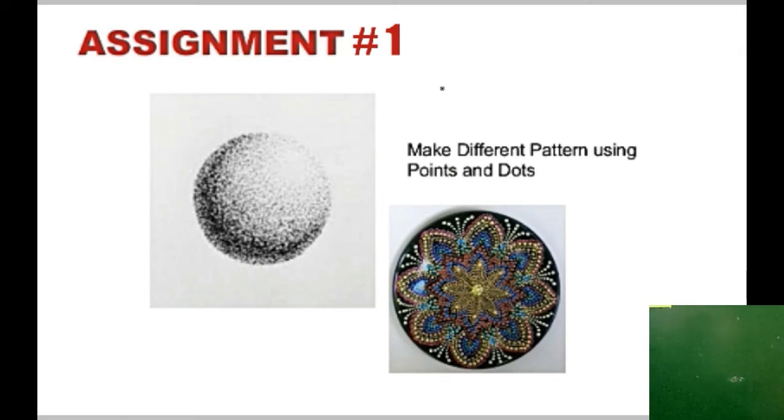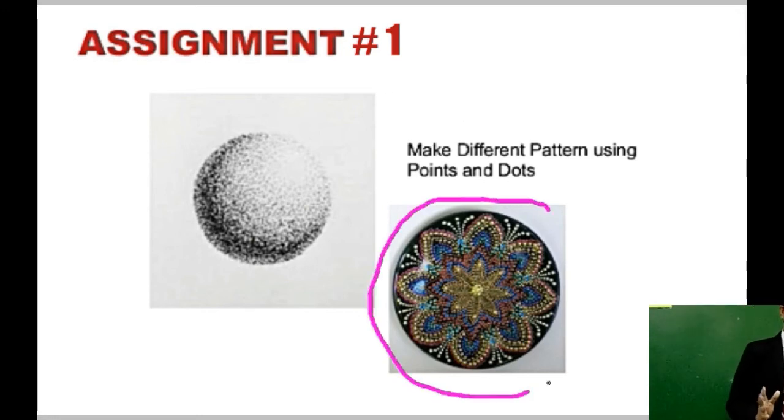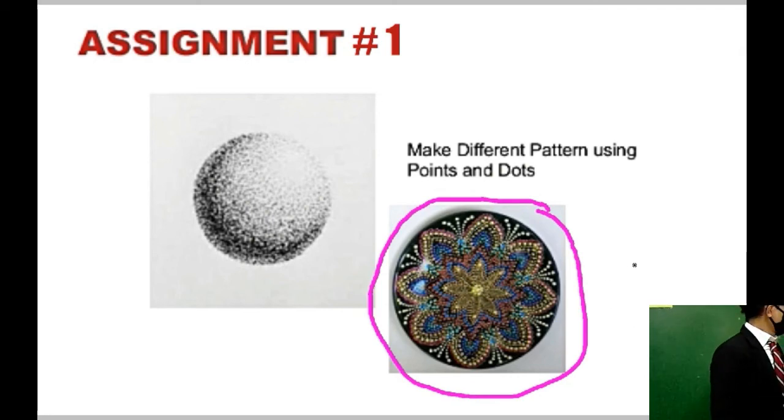Try to experiment on colors. Like in this figure 2 right here, we'll be experimenting on different colors to create patterns using points and dots. Just one bond paper for that. That is your number 1 assignment.